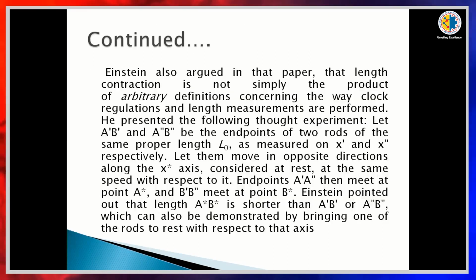Einstein also argued in that paper that length contraction is not simply the product of arbitrary definitions concerning the way clock regulations and length measurements are performed. He presented the following thought experiment: let A dash B dash and A double dash B double dash be the endpoints of two rods of the same proper length L naught, as measured on x dash and x double dash respectively.